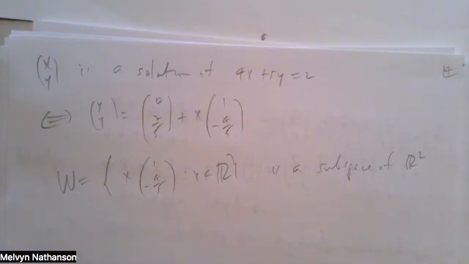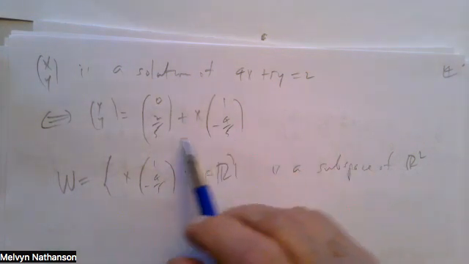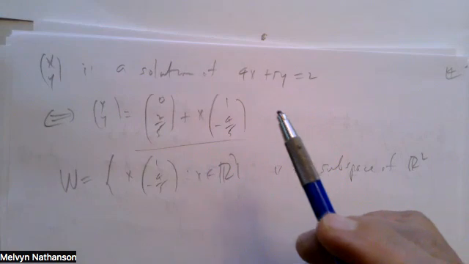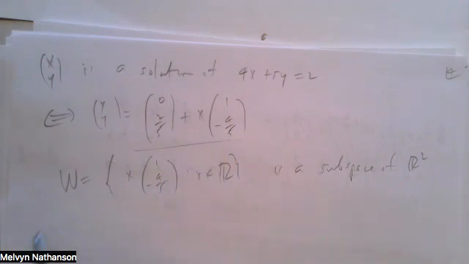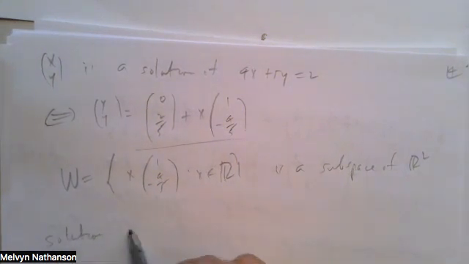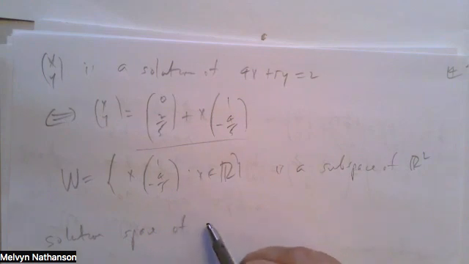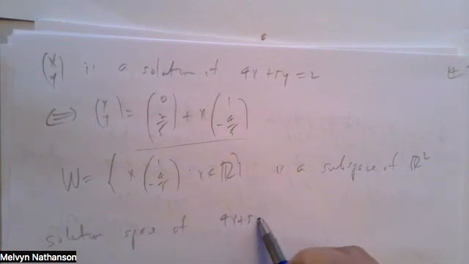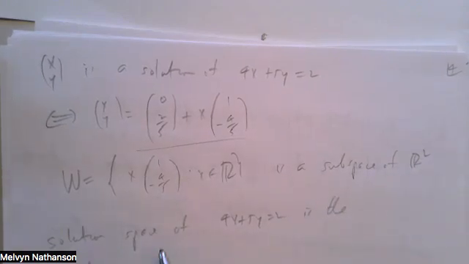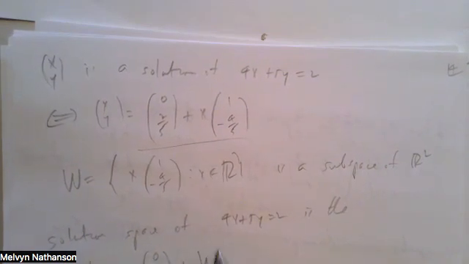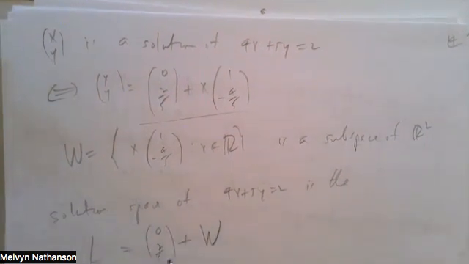So this is a subspace of R2. And so the solution space of the equation 4x plus 5y equals 2 is the set, call it L, which is the vector (0, 2/5) plus W. It's all vectors which are a translate of something in W by the vector (0, 2/5).